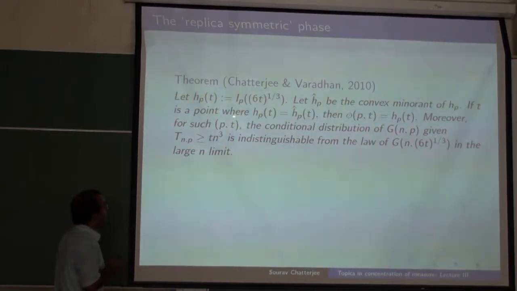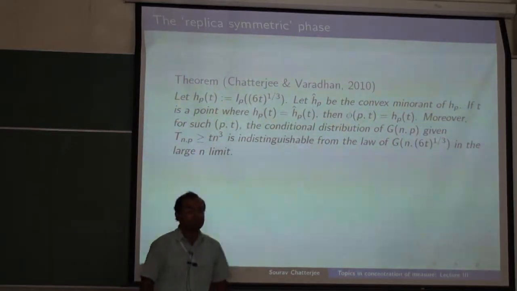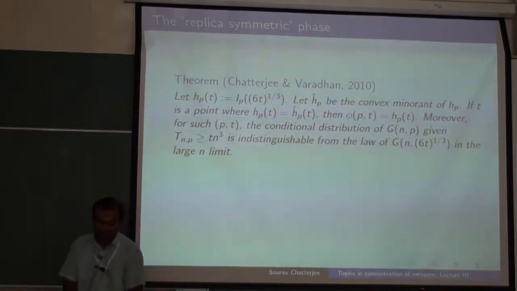And moreover, for such p and t, the conditional distribution of G(n,p) given this condition is basically, in the limit, like G(n, 6t^(1/3)). So it's a strange thing that if you have G(n,p) and you condition it to have a little bit more triangles than what you'd expect, but a little bit means by a fraction more, okay? Not some smaller order of n.